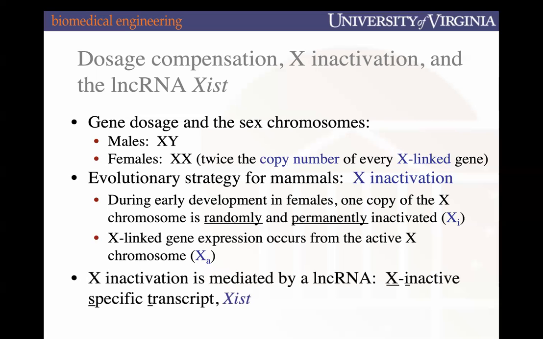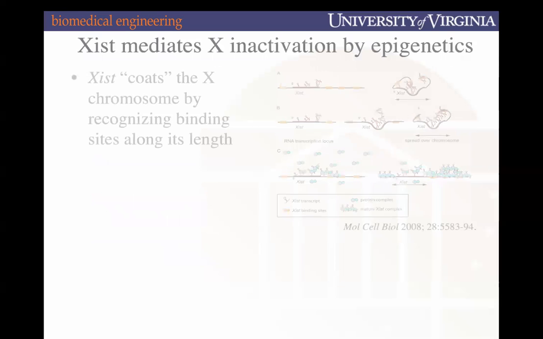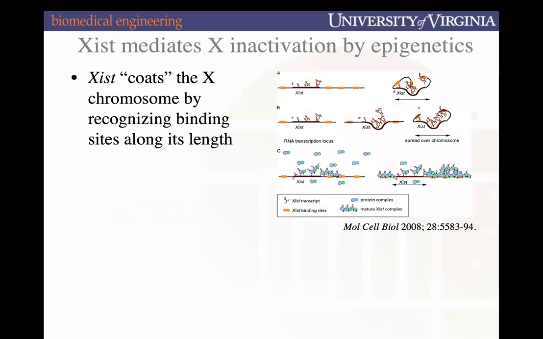This inactivation is mediated by a long non-coding RNA called XIST, the X inactive specific transcript. XIST is encoded on the X chromosome. When that long non-coding RNA is transcribed, XIST immediately goes over and coats the X chromosome by binding to XIST binding sites along it.